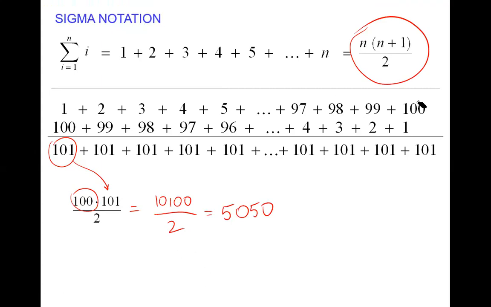Having 100 numbers, 100 is my n. That means n times n plus 1 over 2, because I don't want to have the double sum. I have to divide. That's just the little story. Of course, it would be nice if you would remember this formula. You don't have to remember the proof, but it's a nice story.